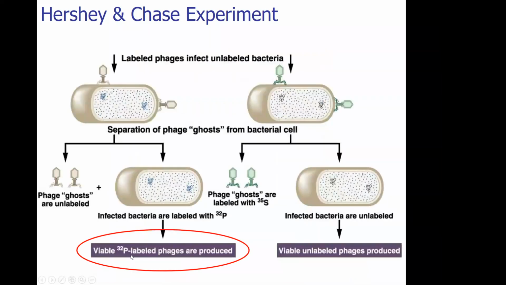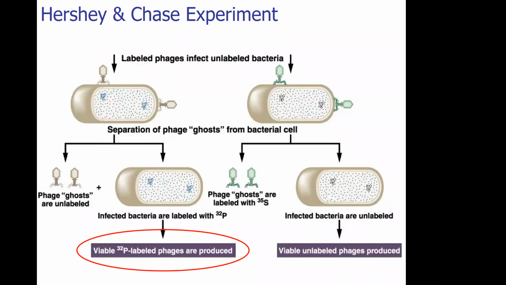And then they let it go for a second generation. They took the bacteriophage that these bacteria made, separated them from the dead ghosts, and then let them go ahead and be infected and make new phage. And the new phage were radioactive. So where did that radioactivity come from? They didn't add any extra during this whole time.